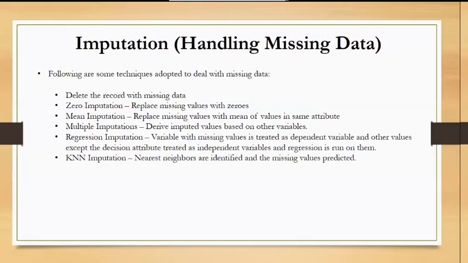Next, there is something called zero imputation, where you replace all missing values by zeros. There is something called mean imputation, where you replace missing values by the mean of that attribute. Another technique is where you can impute values based on other variables. Say, for example, a dataset contains salary, experience and occupation among other values.